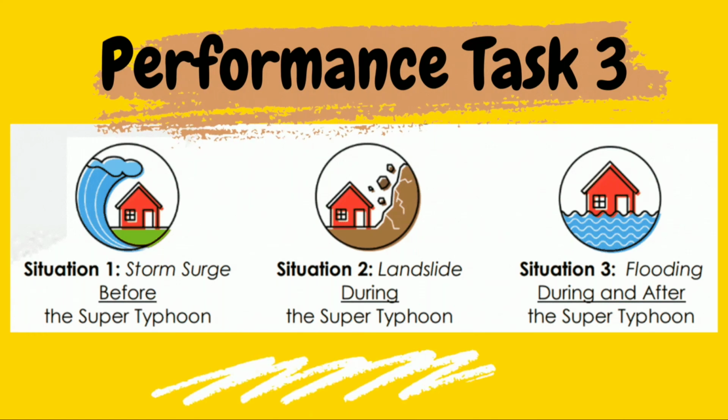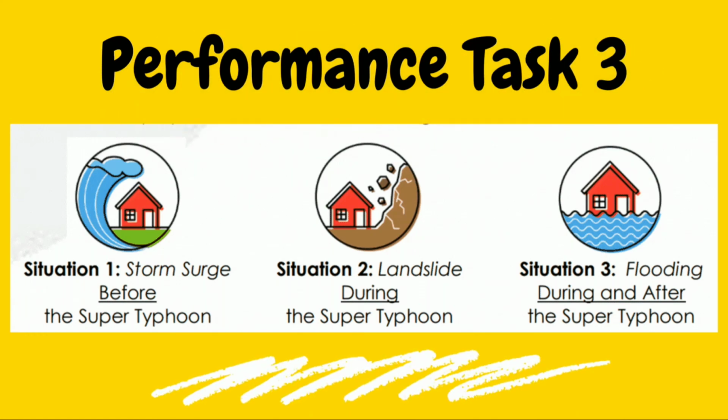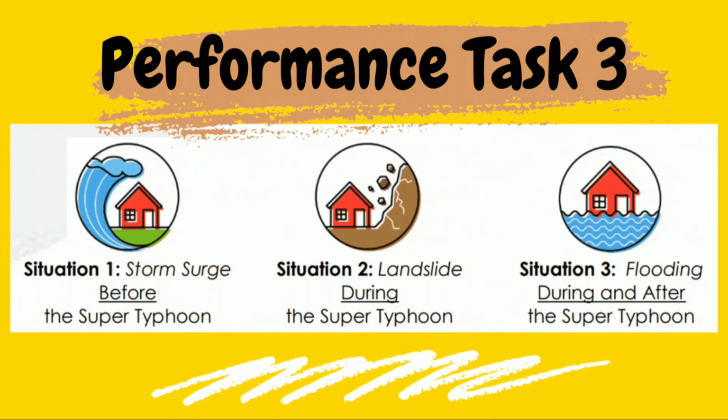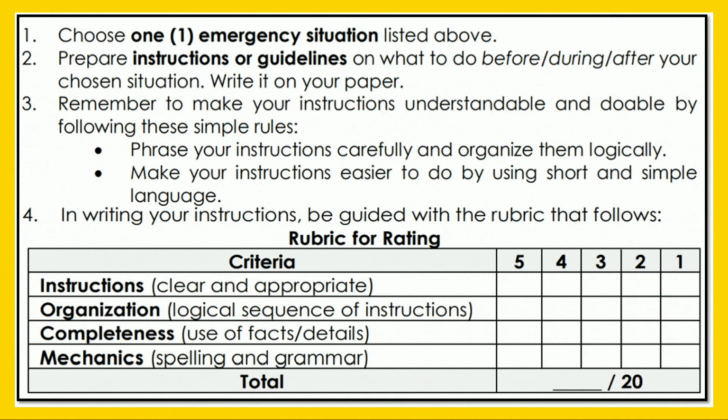Situation number 2. Landslide during the super typhoon. Situation number 3. Flooding during and after the super typhoon. What you're going to do is to choose one emergency situation listed above. Prepare instructions or guidelines on what to do before, during, after your chosen situation. Write it on your paper.